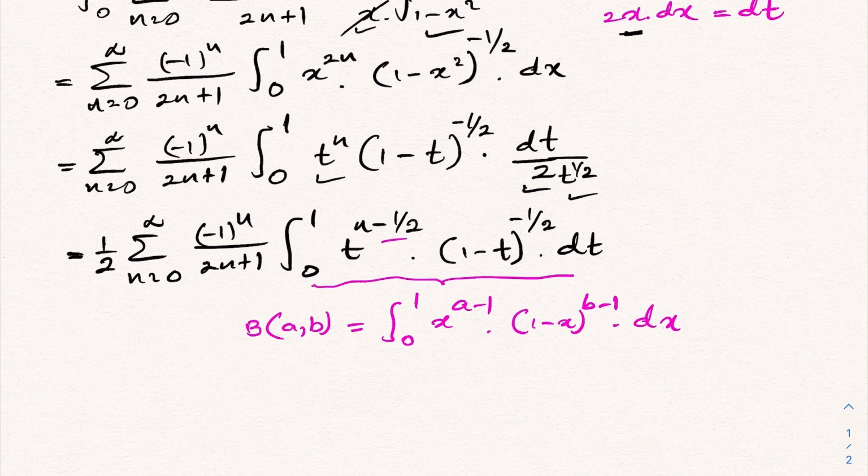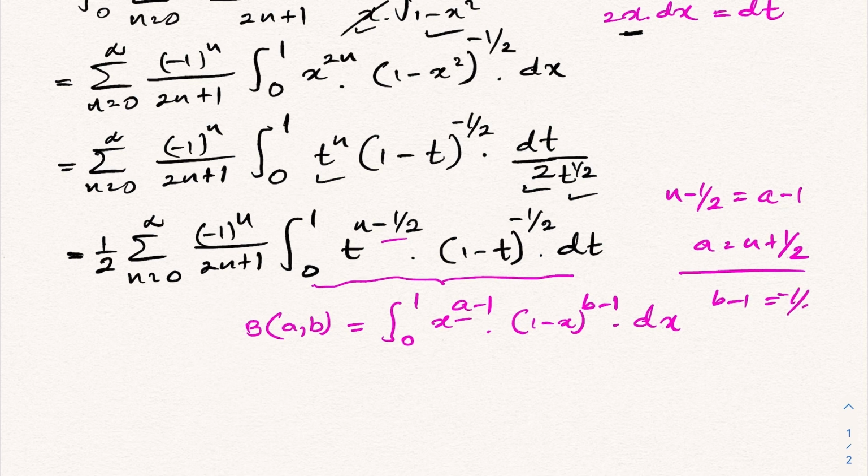So here n minus 1 half, here a minus 1, so n minus 1 half is equal to a minus 1, therefore a is equal to n plus 1 half. Same as b minus 1 is equal to minus 1 half, so b is equal to 1 half.